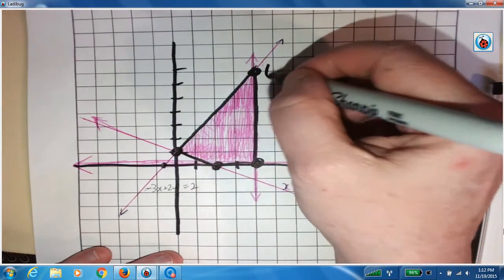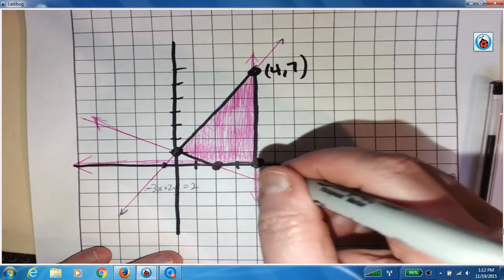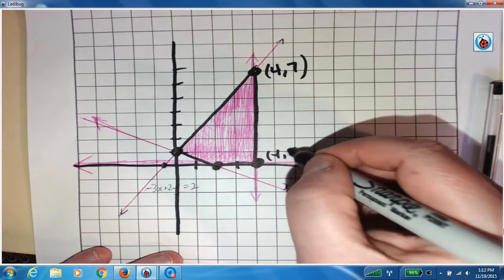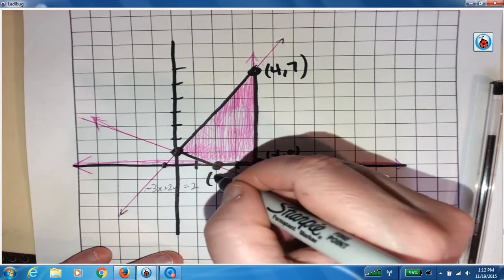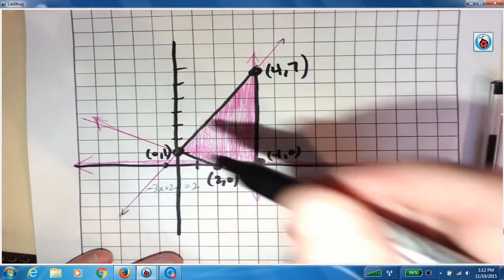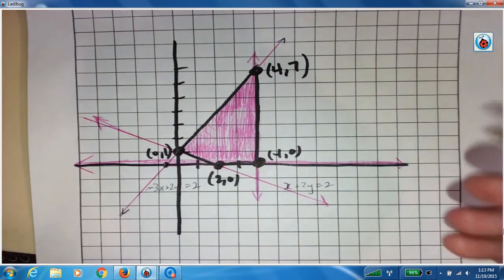And so this point looks to be 4, 7. This point looks to be 4, 0. And then I have 2, 0. And I have 0, 1. So that's what I put into my objective function.